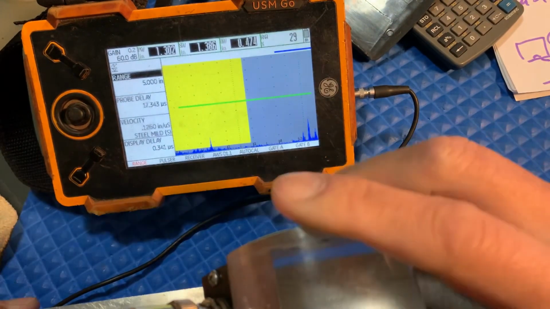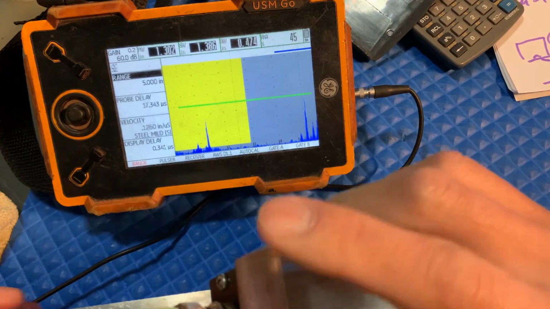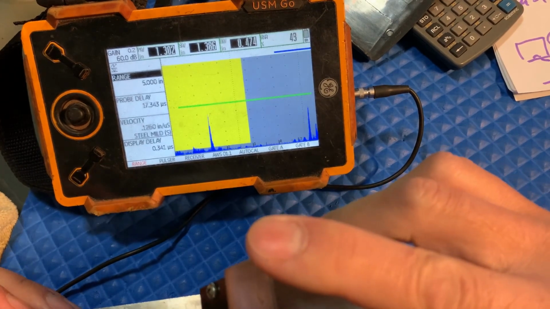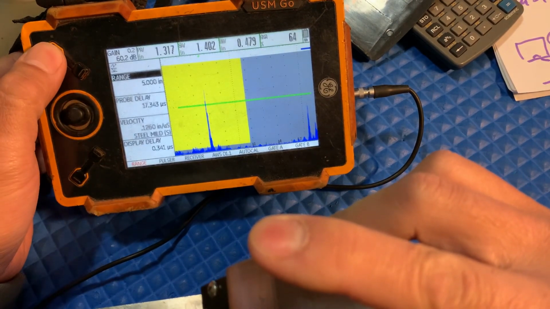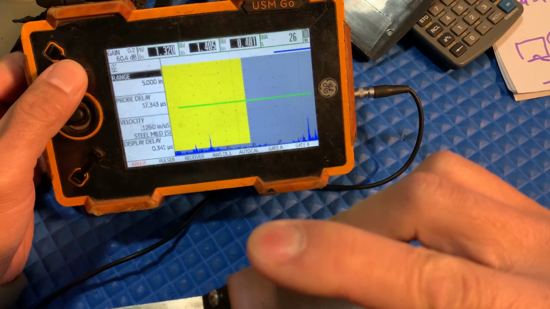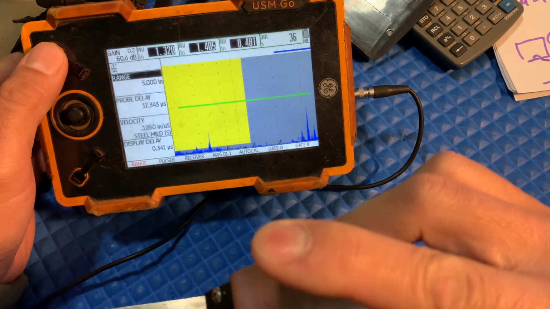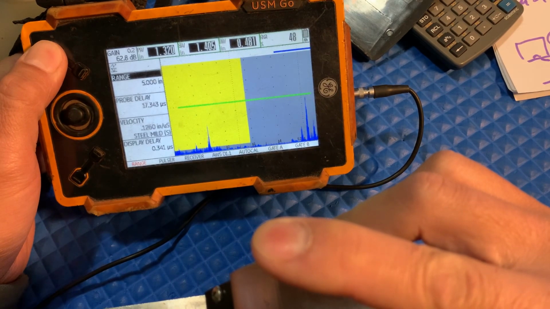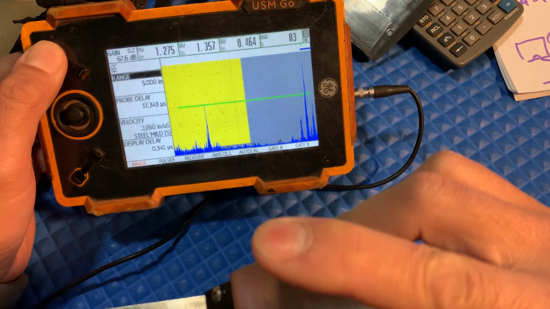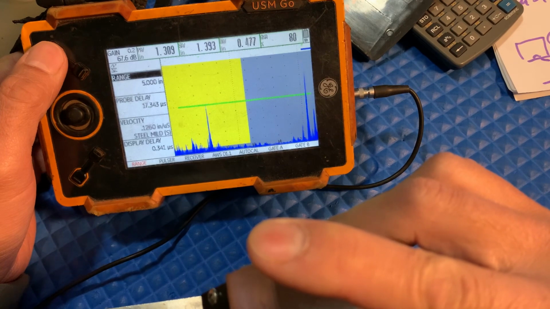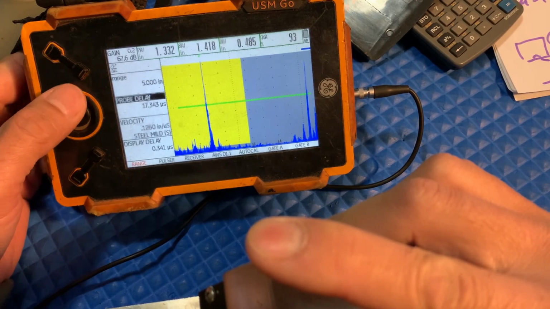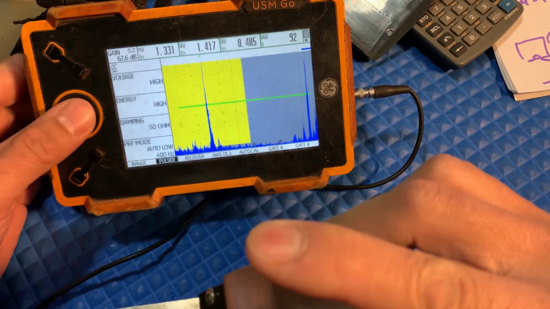So we should be able to see it some more on this. Look at that signal. Bump this back up. There's my half. So I'm going to bump it up and take a reading on the gate. I'm breaking gate in 2 places.